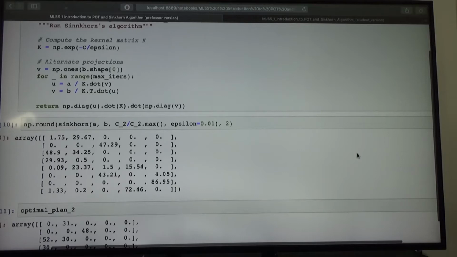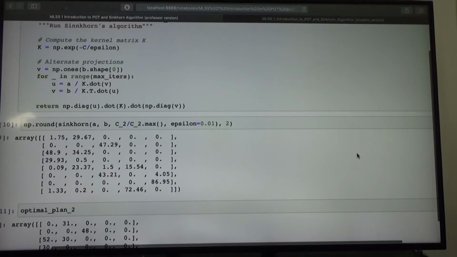If the cost is very large, then you should take an epsilon that is very, very large. Otherwise, it will be almost negligible, right? So you have the entropy term and the transportation term should be in comparable proportions, right? And that's why it's a good practice to actually divide the cost by the maximum or the median or some quantile of the cost matrix, for example.